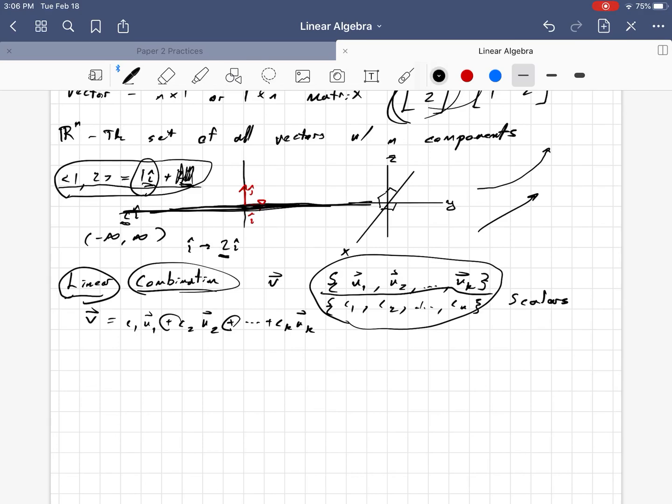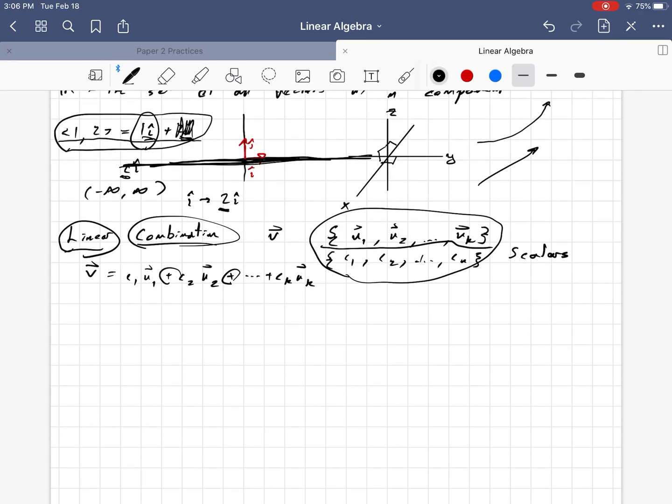And so I would get a line traced out along the x-axis. So whichever way you'd like to think of it, those are two motivations for where the word linear comes from in a linear combination.